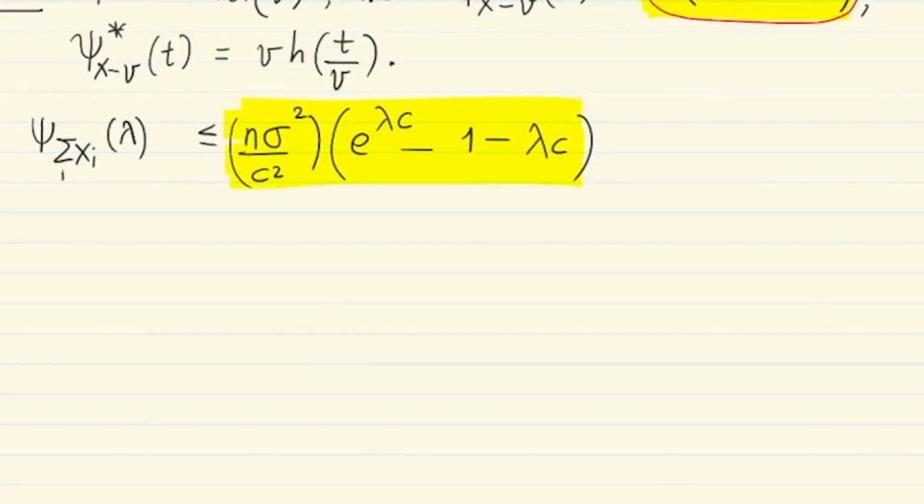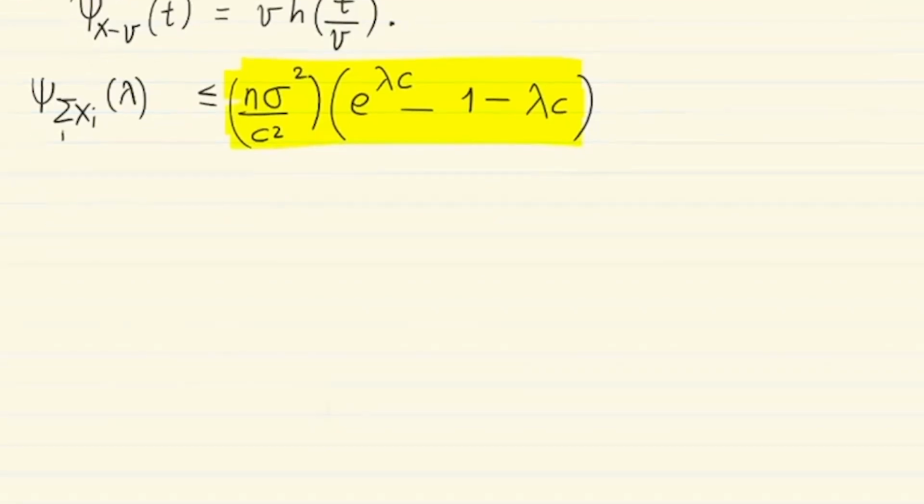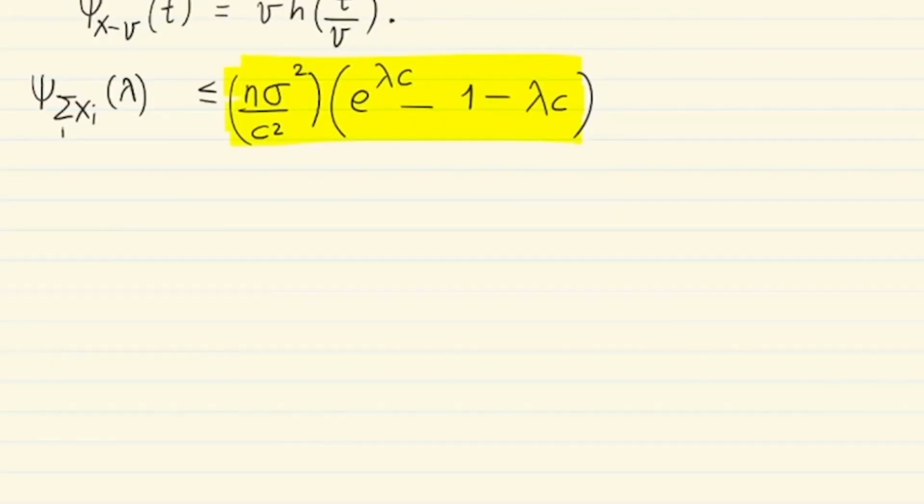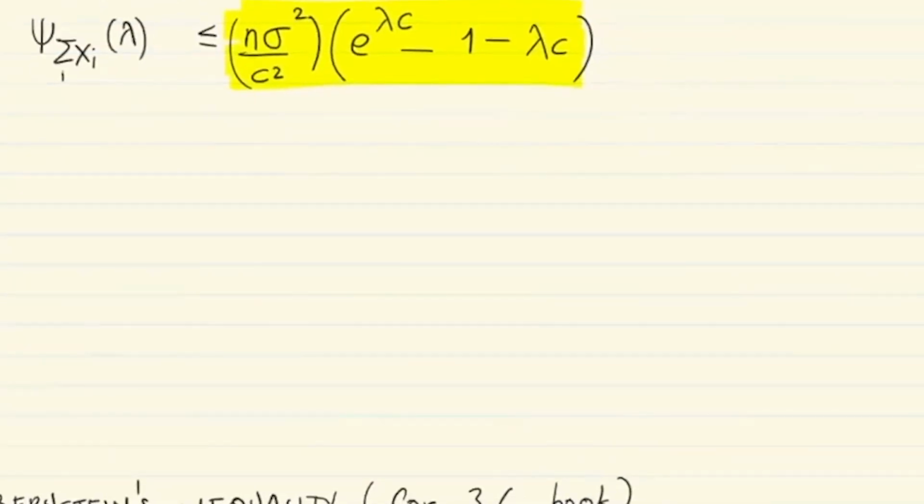So it follows that one can set v as n sigma square by c square, and by making this connection, you can find the dual function of this right hand side expression here to get the bound ψ star of the summation i equal to 1 to n Xi at t is lower bounded, because the primal function ψ is upper bounded. It will imply essentially a lower bound for the dual function by the definition of ψ star.